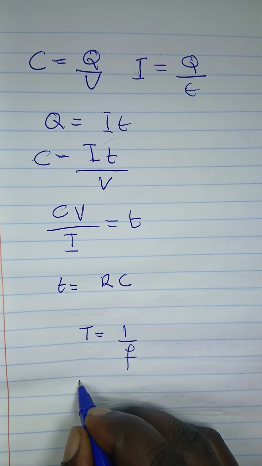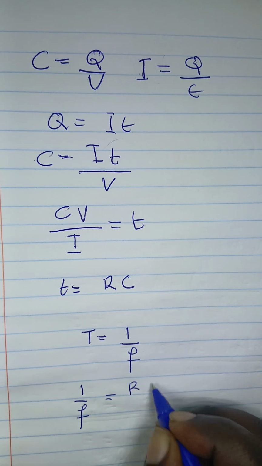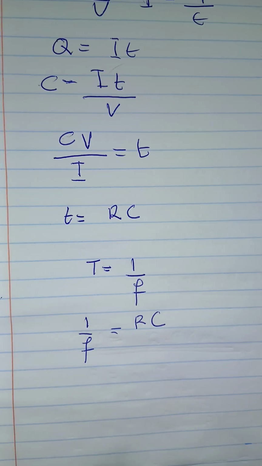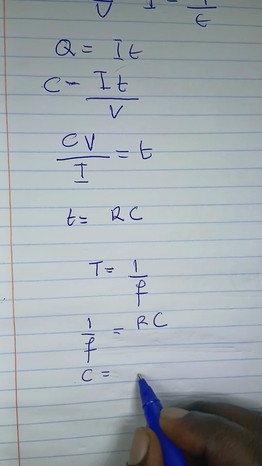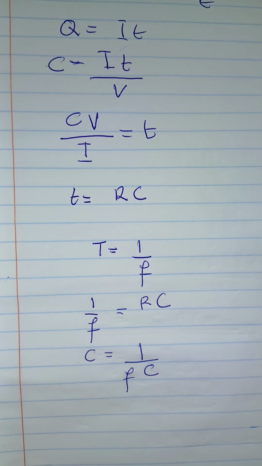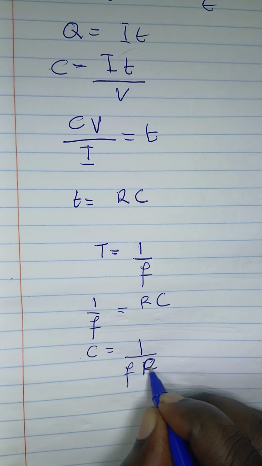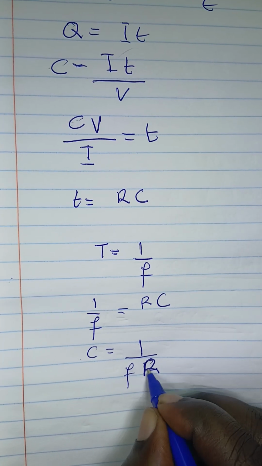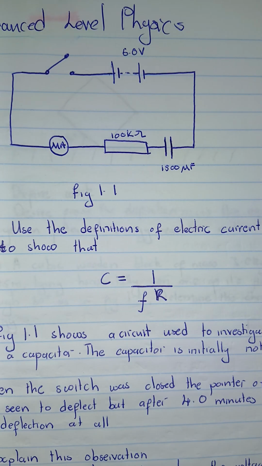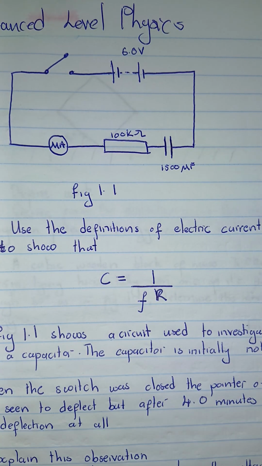So we are going to have 1 over F is equal to RC. So C is equal to 1 over FR. So we've shown that C is equal to 1 over FR.